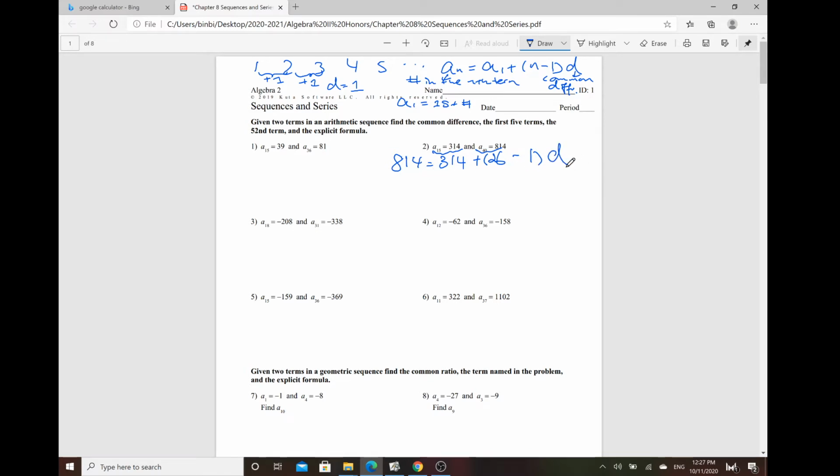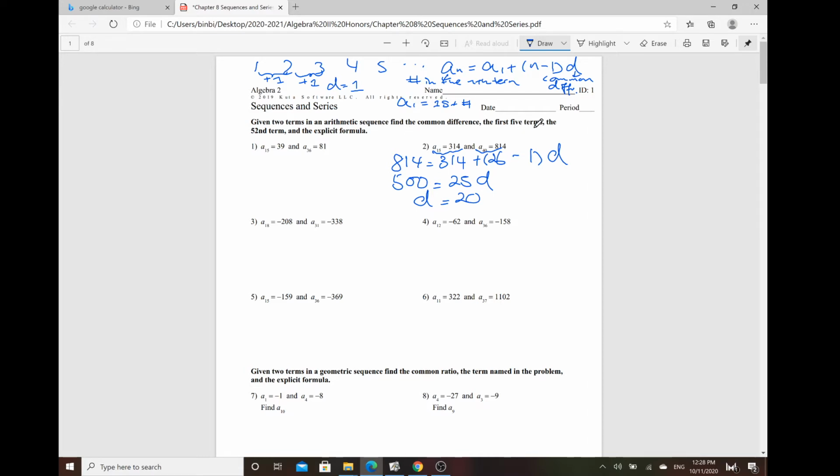Subtract 314 on both sides, so we have 500 equals 25d. Solving for d, 500 divided by 25 is 20. So the common difference is 20.